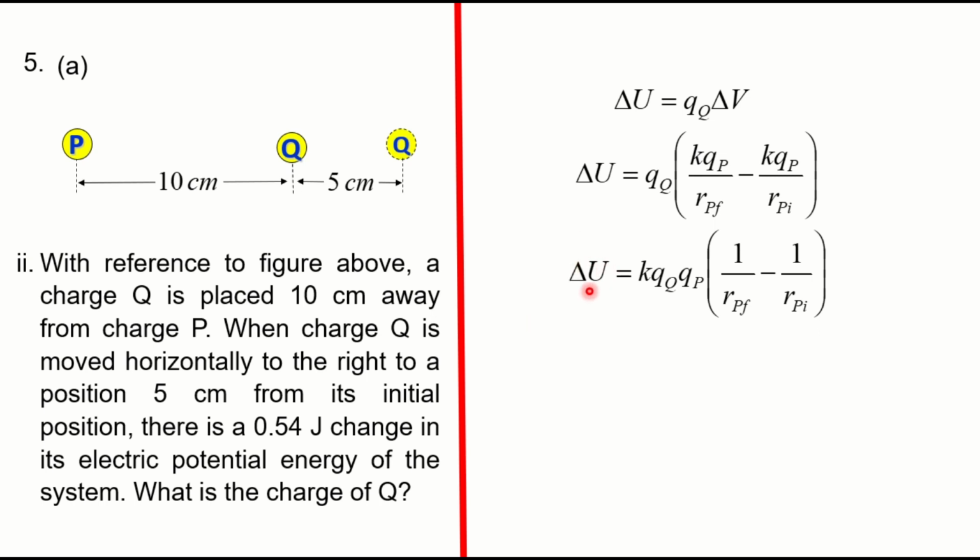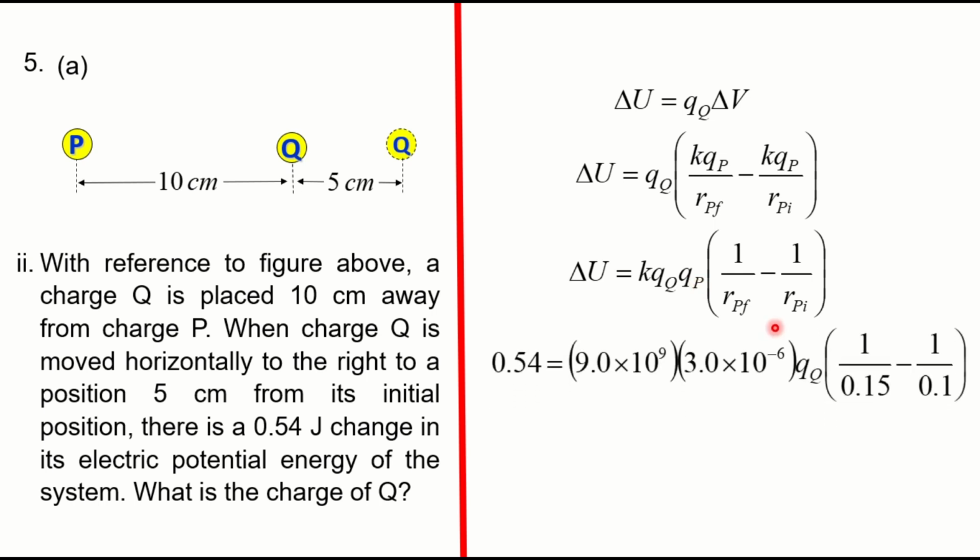So the change in energy is 0.54, and K is a constant. Charge Q is what we are finding, and for charge P, we can use our answer from earlier, 3.0 times 10 to the power of negative 6. So we substitute in the values.